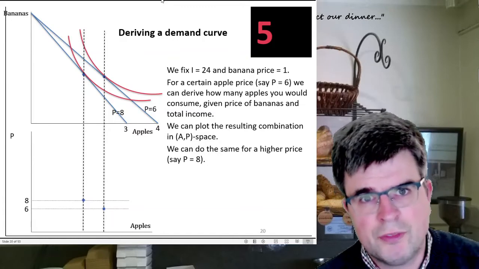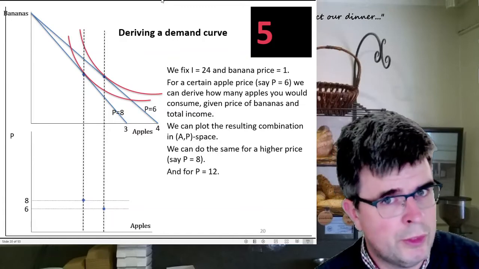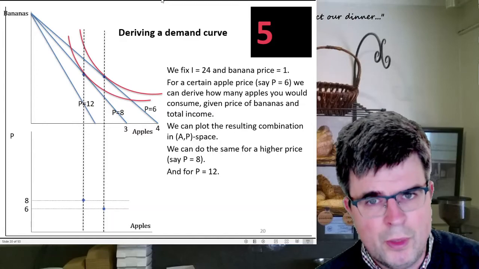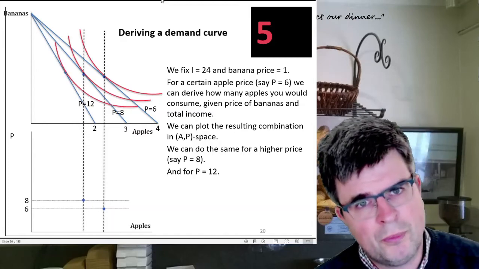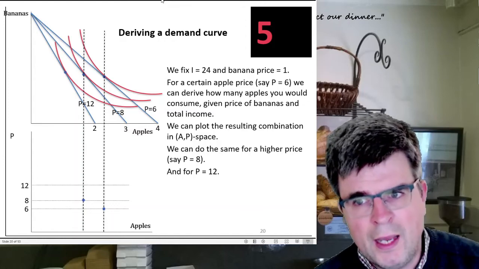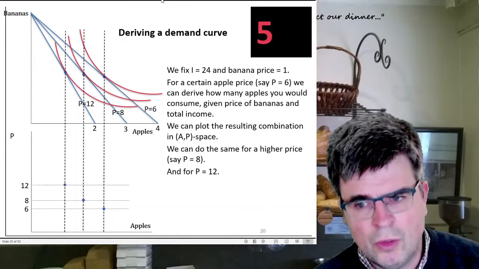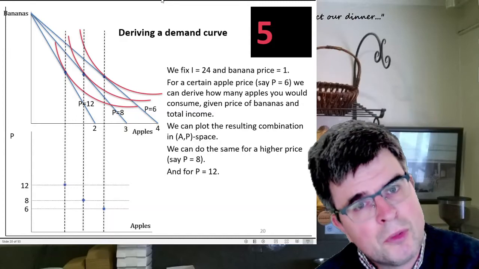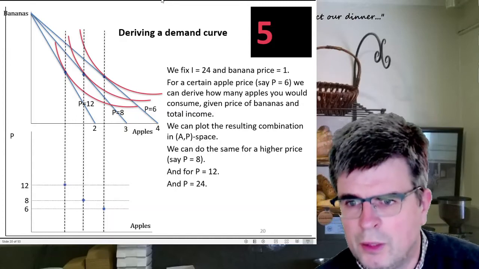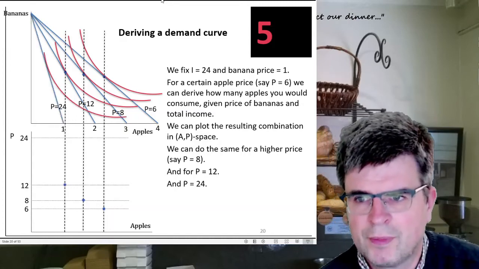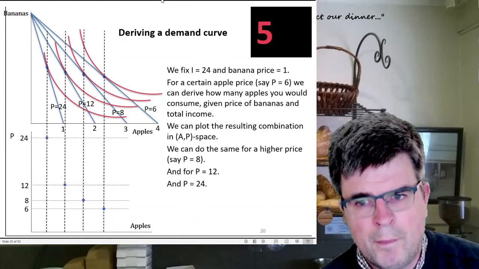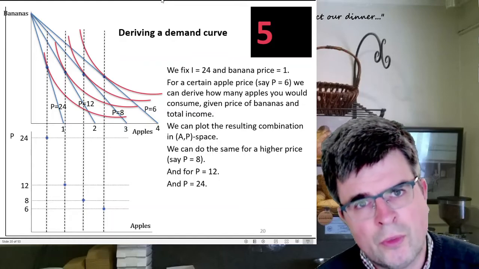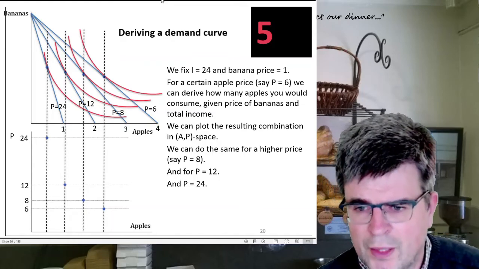Now, if you further increase the price of apples to say 12, then again we have a new budget constraint. We have a different optimal consumption bundle that is feasible, and we have a lower quantity of apples that we will consume in equilibrium. And finally, we can increase the price to 24, and we have a fourth point on our demand curve.